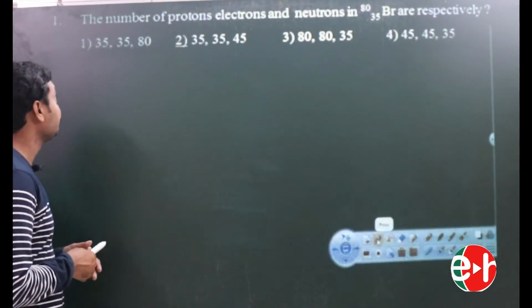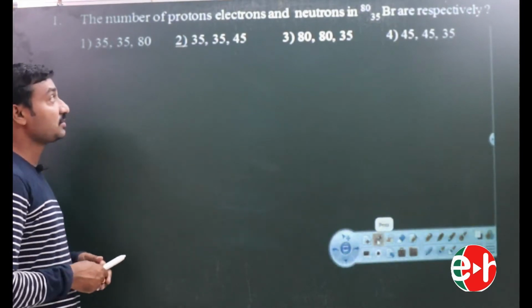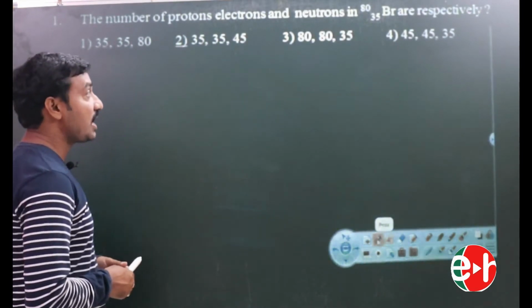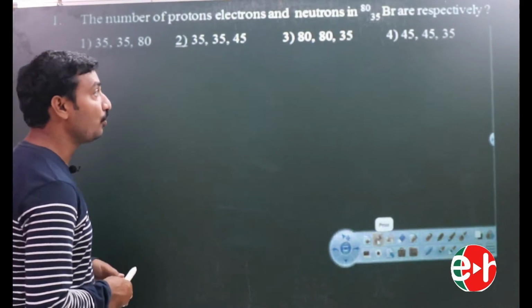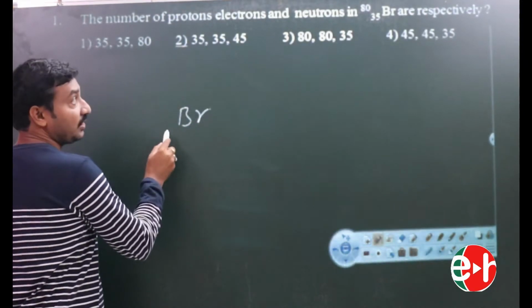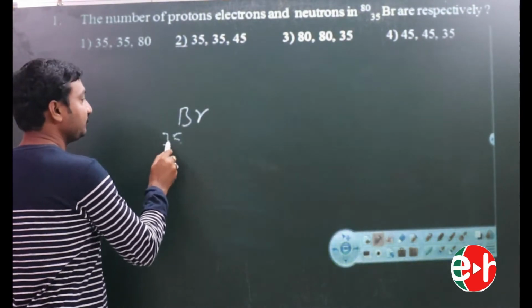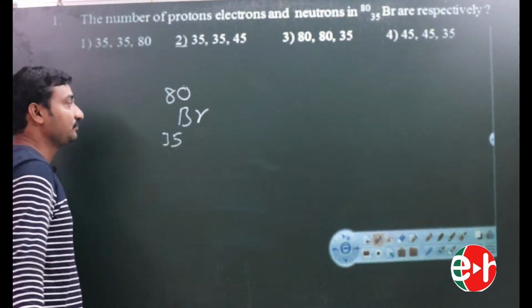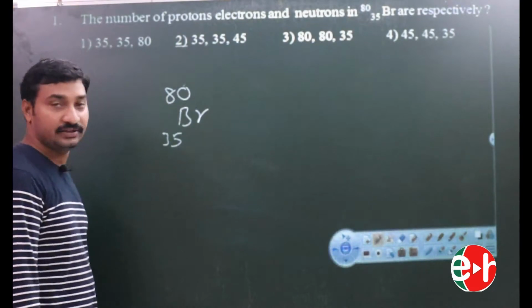See this question. The number of protons, electrons and neutrons in bromine 35 to 80.